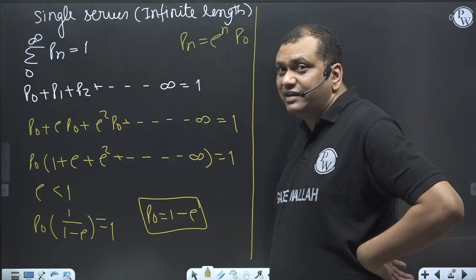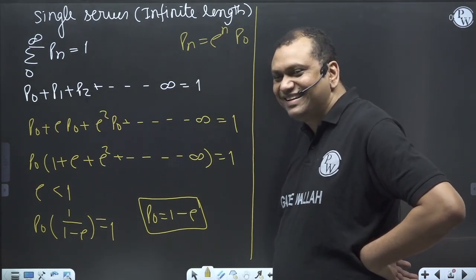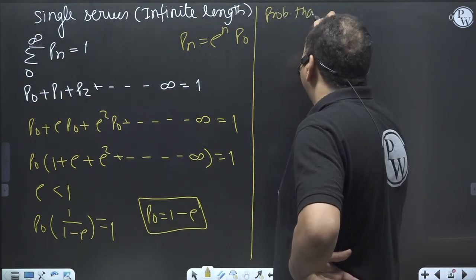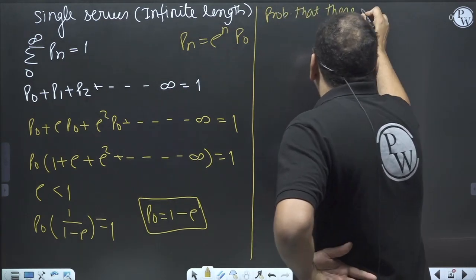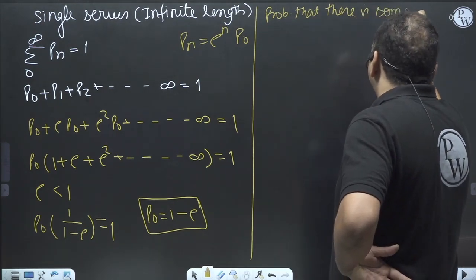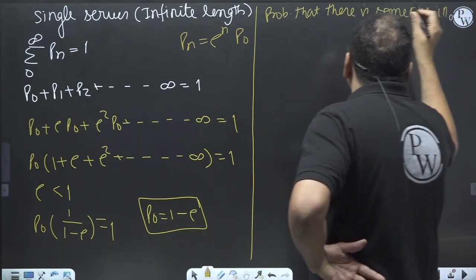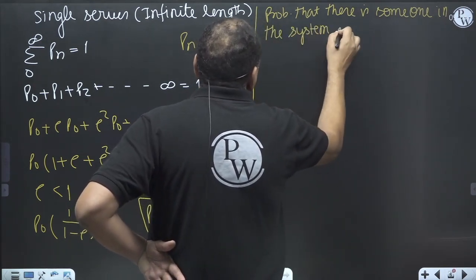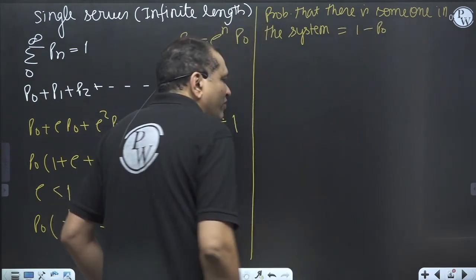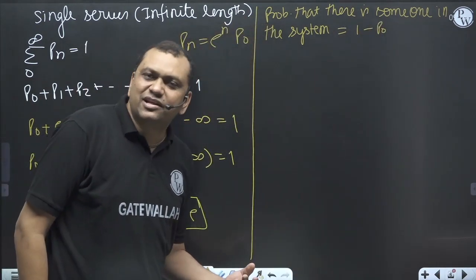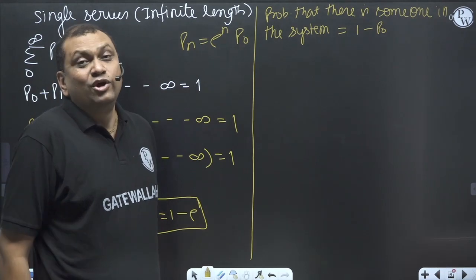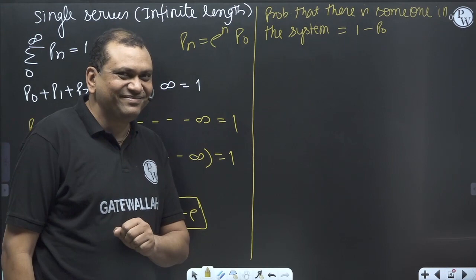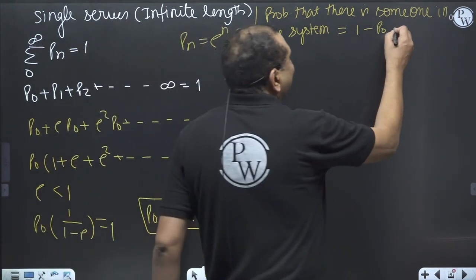The probability that there is someone in the system is 1 minus P naught, since P naught is the probability that there is nobody in the system, and it is equal to rho.